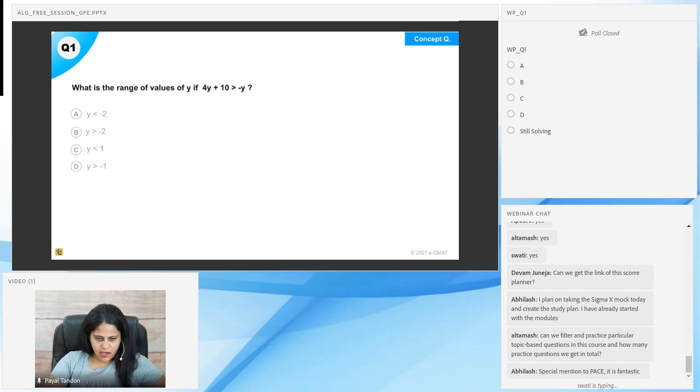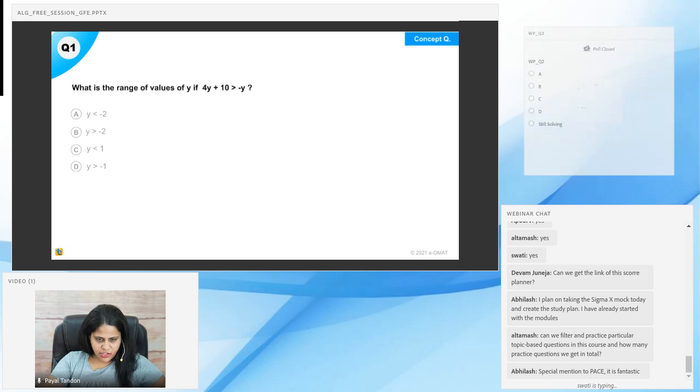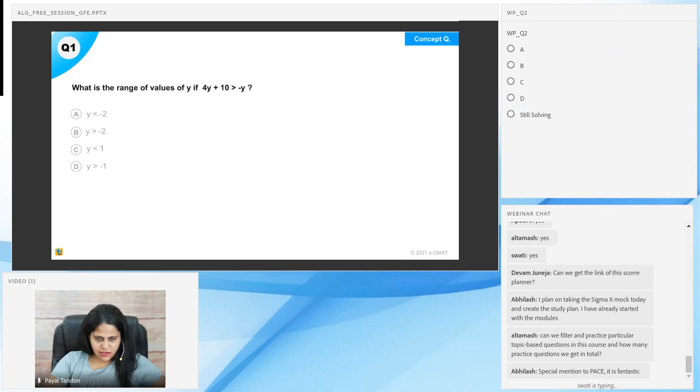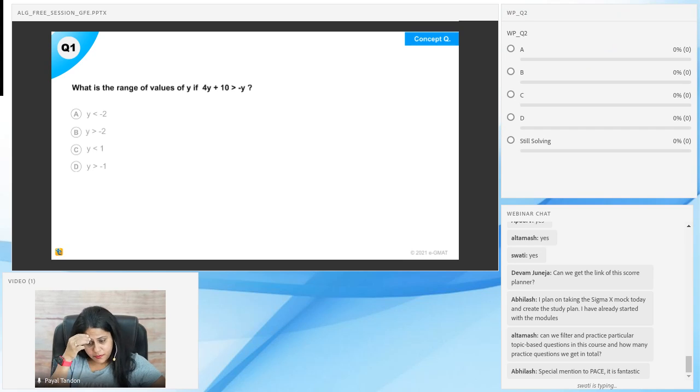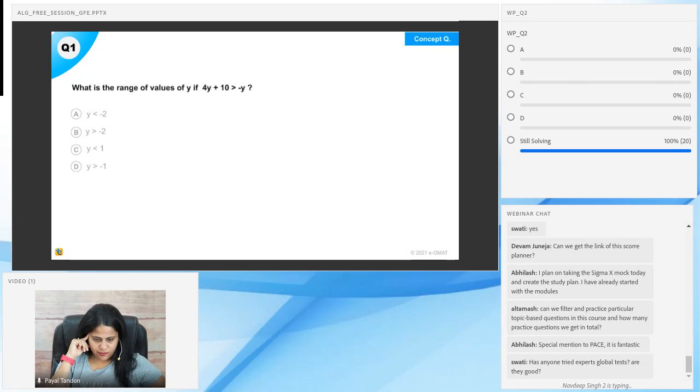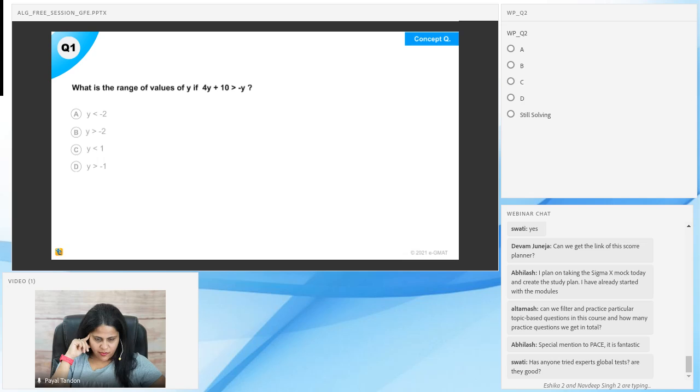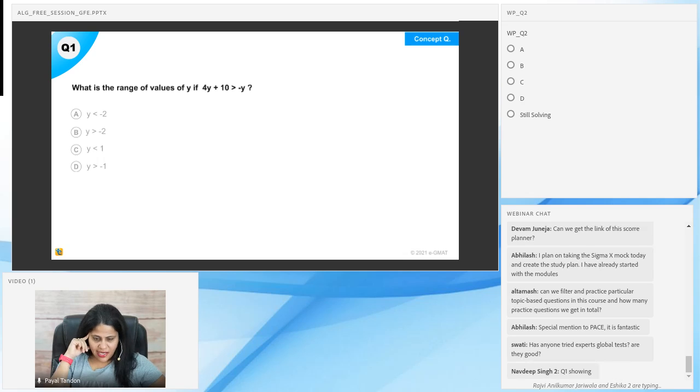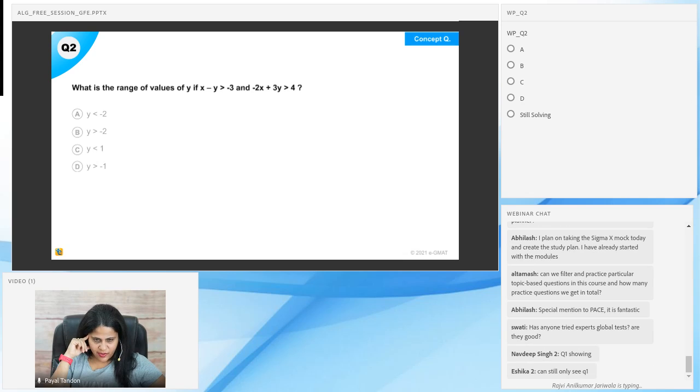All right. And now here comes question number 2. Please click on still solving. Yes, I'm going to show question number 2. Here it is.